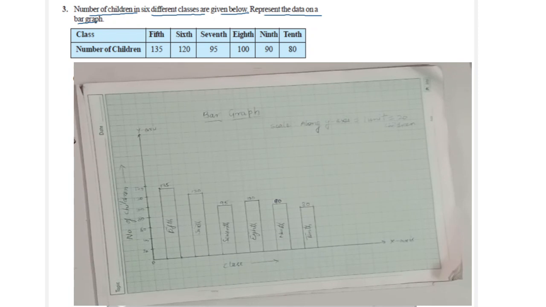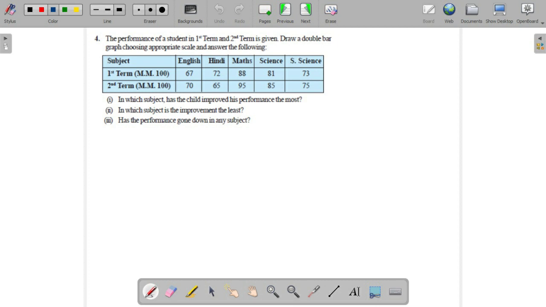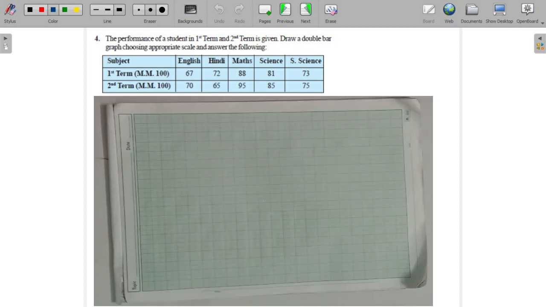So this is your bar graph for question number 3. Here's subject. We represent it on x-axis, and marks of first term and second term on y-axis.